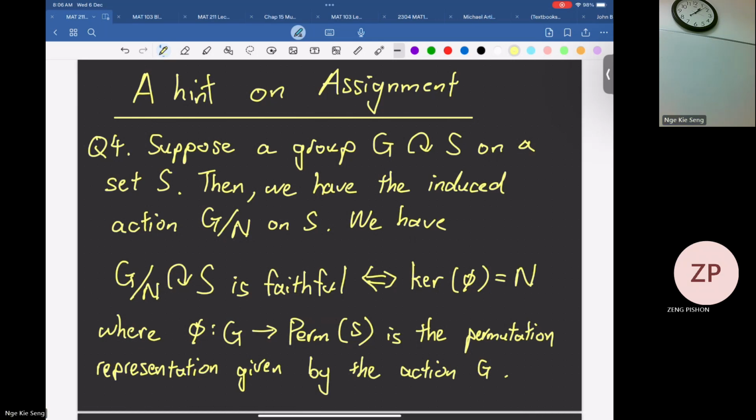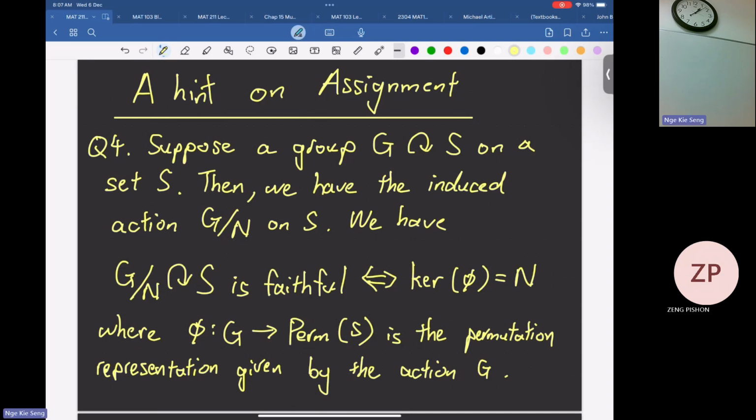Can you find a word that hasn't been defined for you? Yes, induced action. Right. So what's induced action?